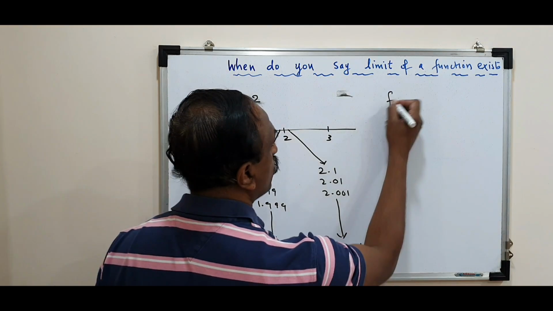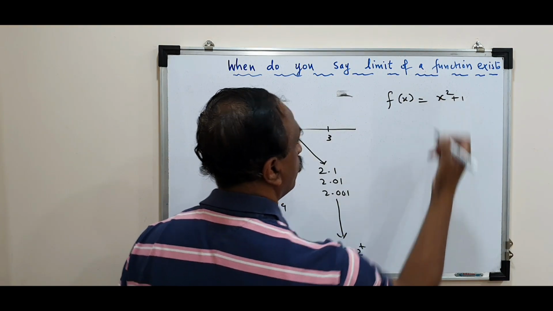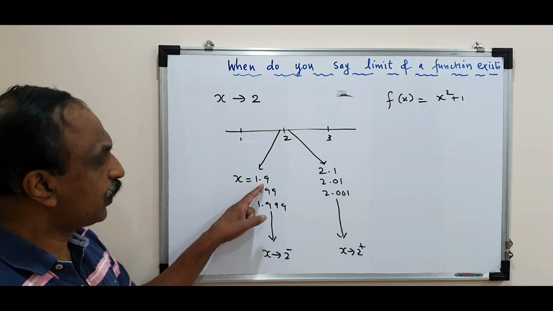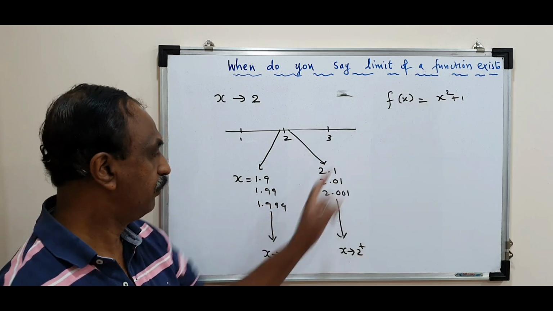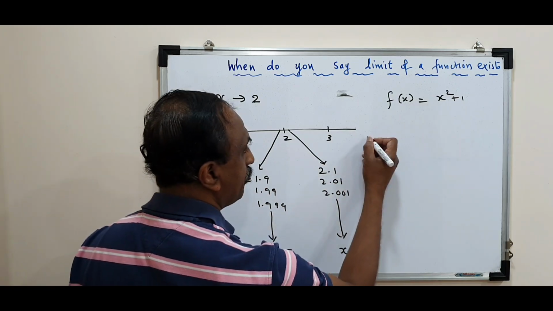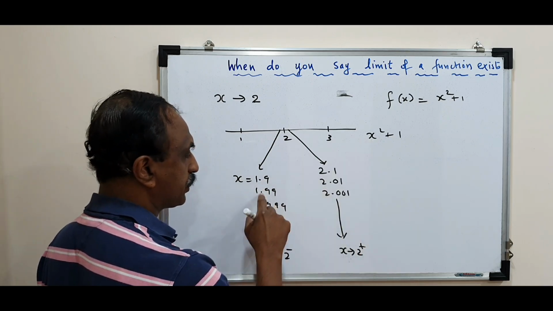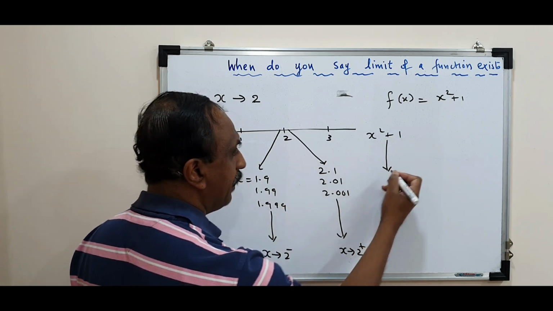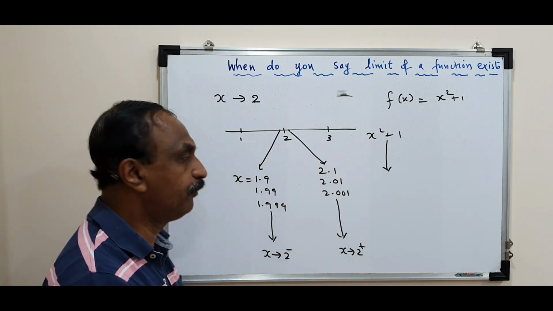Let's take the case of f of x equal to x square plus 1. Suppose the x values are 1.9, 1.99, etc. That means I am calculating the value of x squared plus 1 by substituting these values. So I will be getting a number. 1.9 square will be a number near to 4.